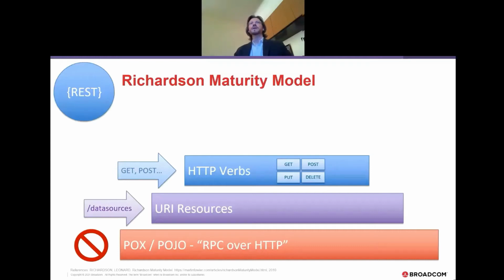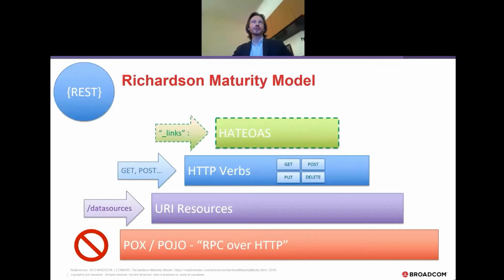This again gives us clear semantics for interacting with our well-defined domain objects. And then on top of that, you can consider whether or not you need your interface to be programmatically discoverable by providing hypermedia controls via these kinds of links.